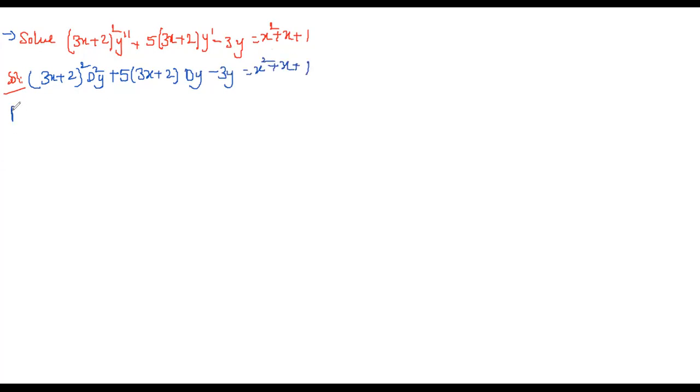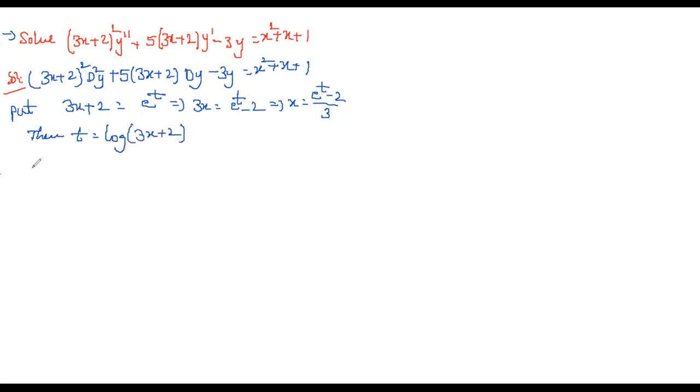And now for converting this into a linear differential equation with constant coefficients, simply you have to take the assumption 3x plus 2 is equal to e power t, and 3x is equal to e power t minus 2, and x is equal to e power t minus 2 by 3. Then by taking log on both sides, we get t is equal to log of 3x plus 2.